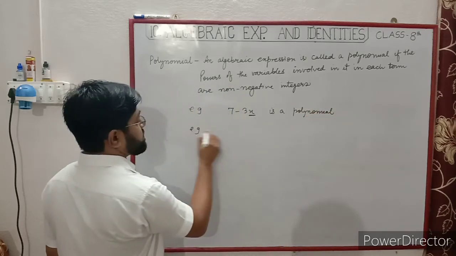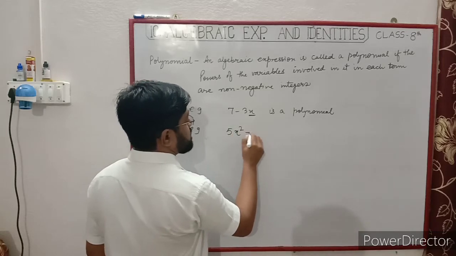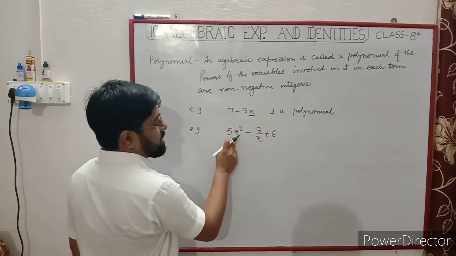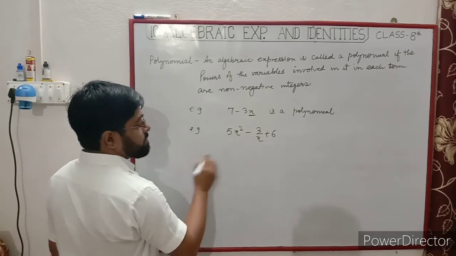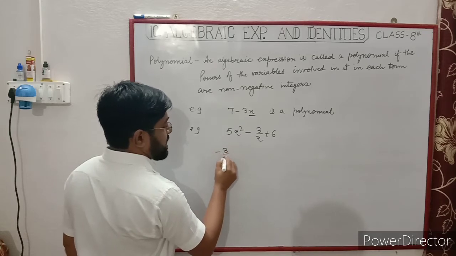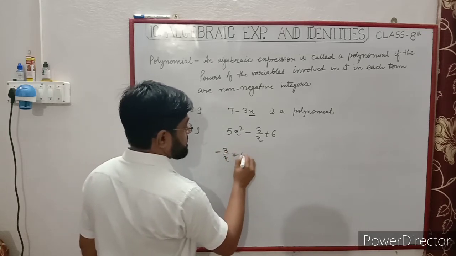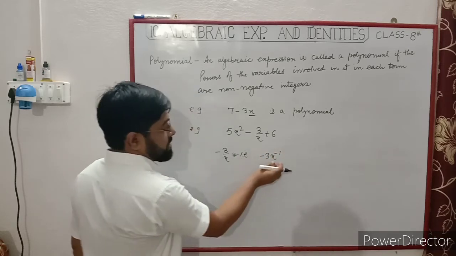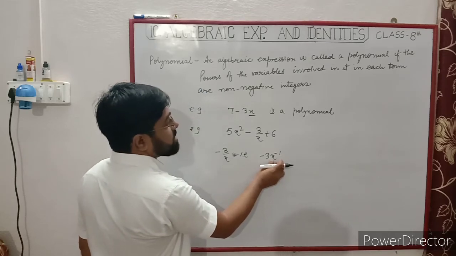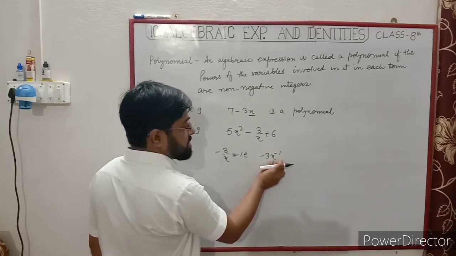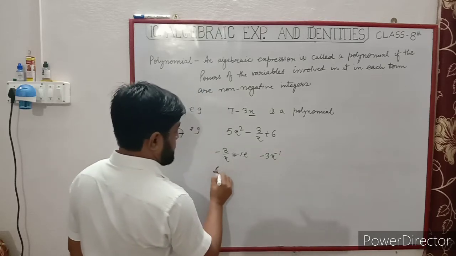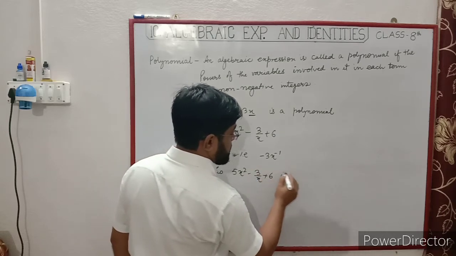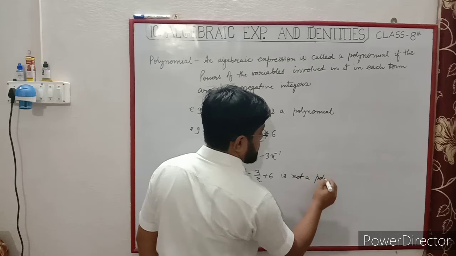Now 5x square minus 3 by x plus 6, here variable is x. In second term, minus 3 by x, that is minus 3 into x to the power minus 1. So variable is x and its power is negative integer. So 5x square minus 3 by x plus 6 is not a polynomial.